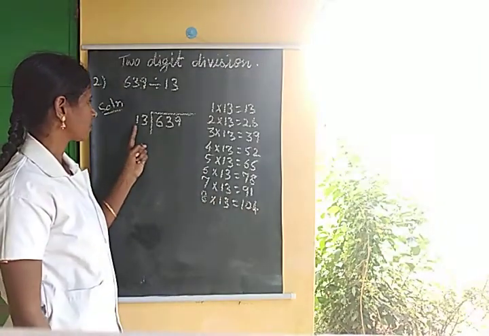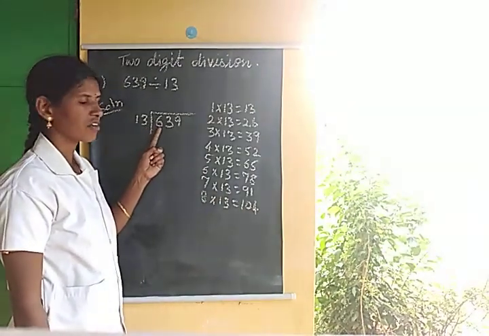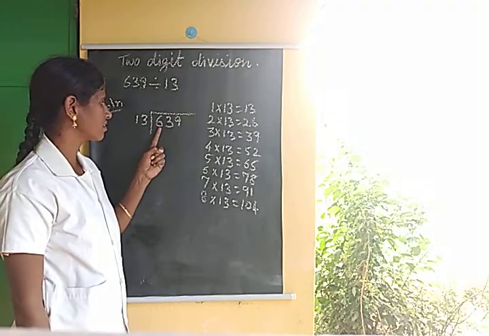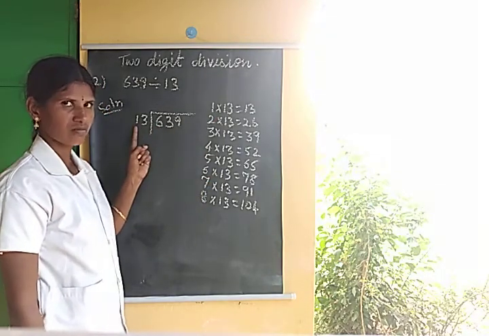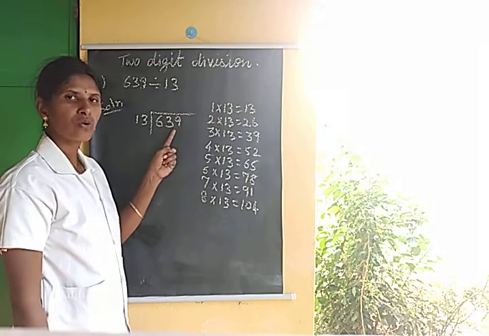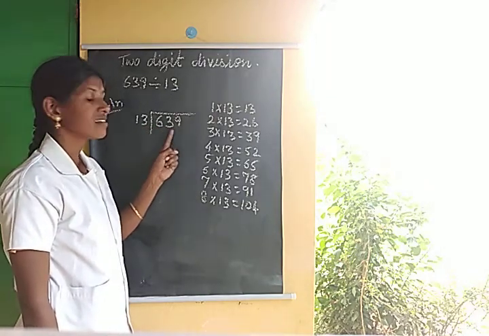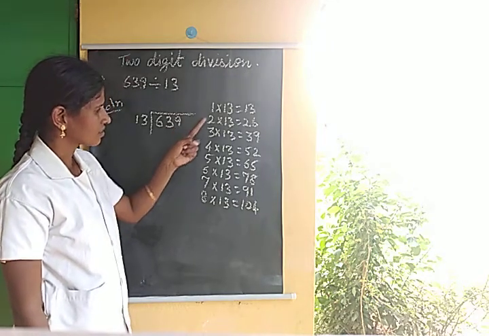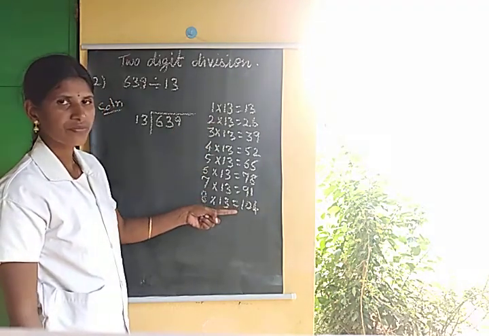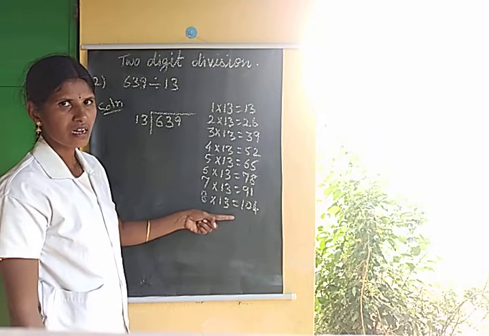Okay. Now see 13. We have to take one digit. What is the one digit? 6. 6 is not there in the 13. So we have to take 2 digits. What is that? 63. 63 is there in the answer? There is no 63.